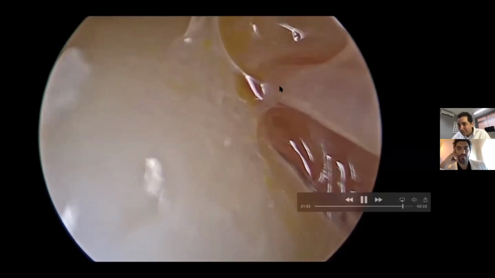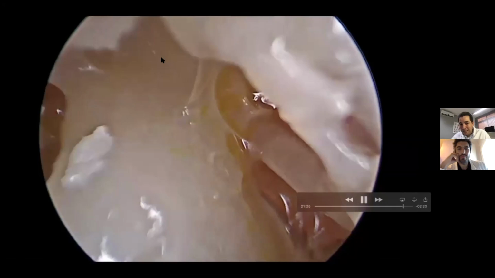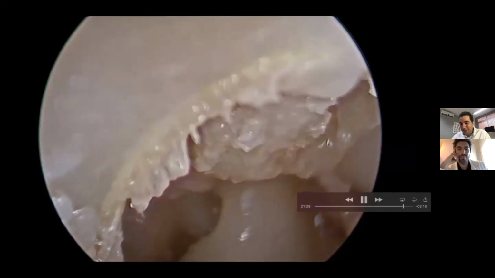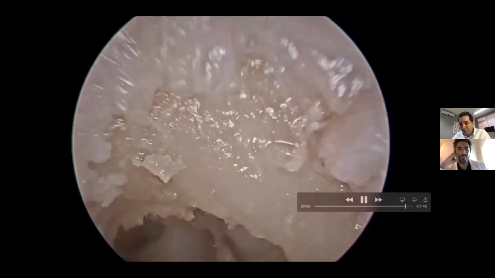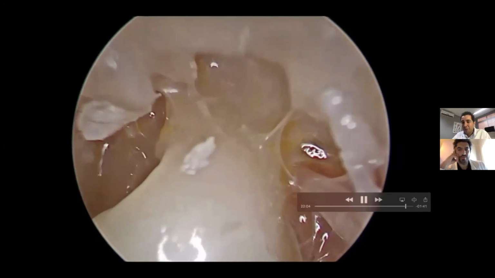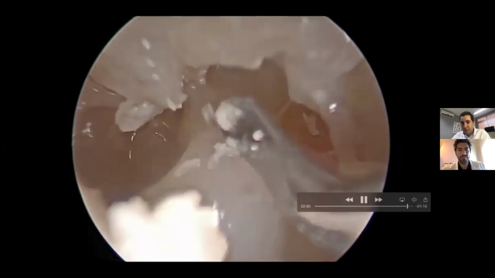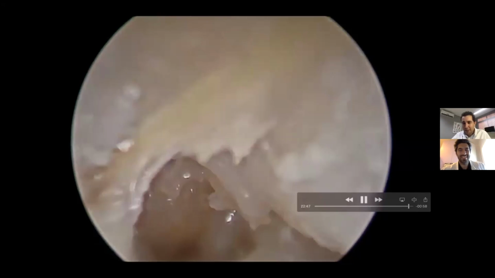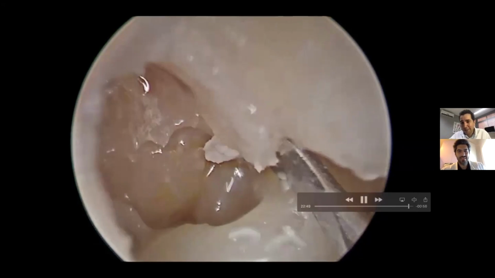You can have this close-up detail of the sinus tympani here, the ponticulus, and the posterior crus of the stapes. So this is a very nice way to try to understand the anatomy of the middle ear, with this 360-degree travel.